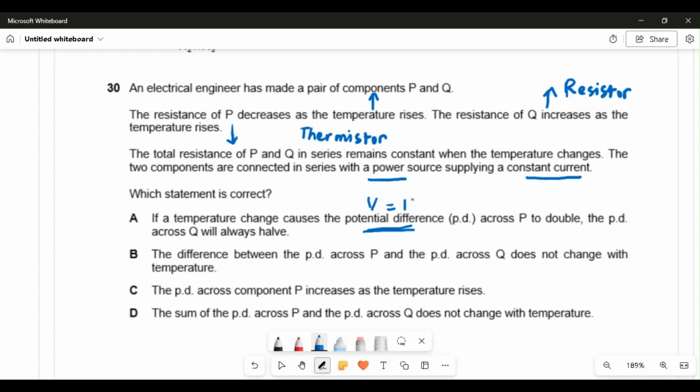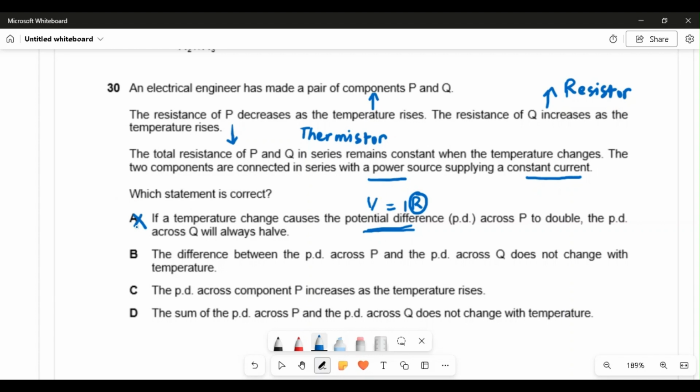In this question they said one resistance reduces and the other increases with temperature, but voltage needs the current also. So potential difference is not affected by resistance only, but also the current. So this cannot be our right choice.